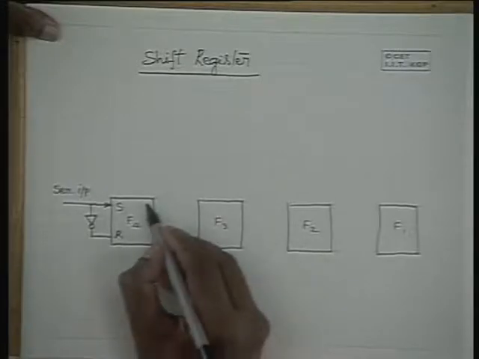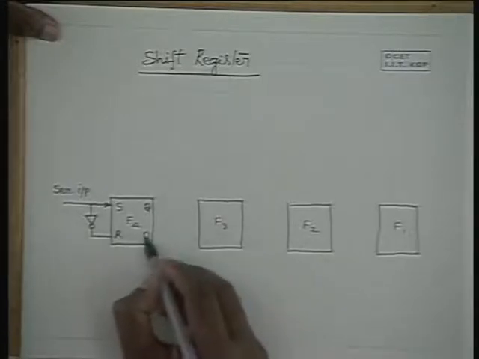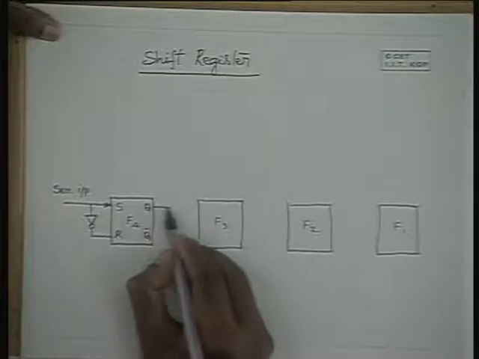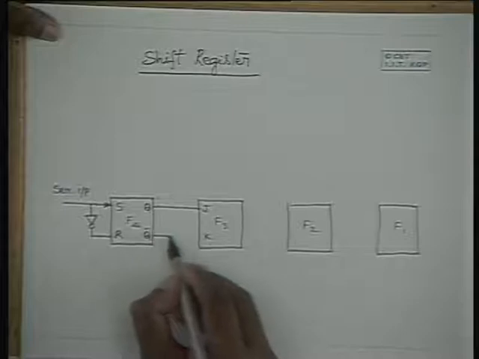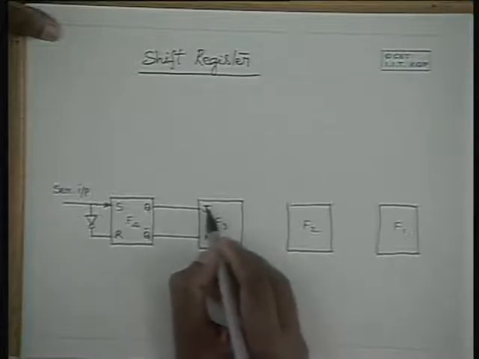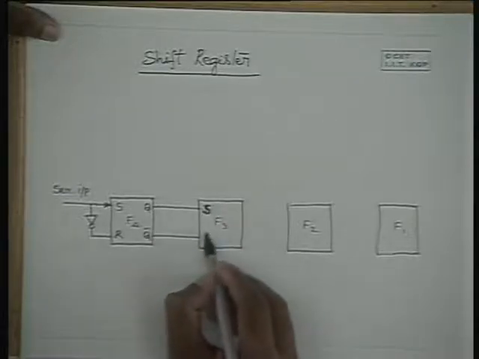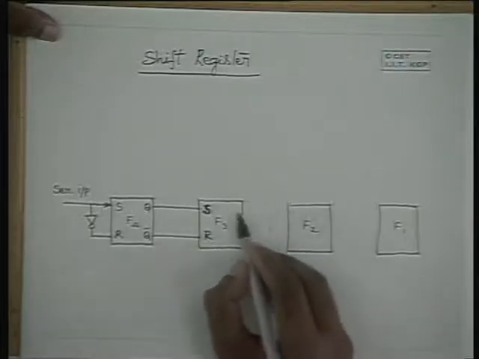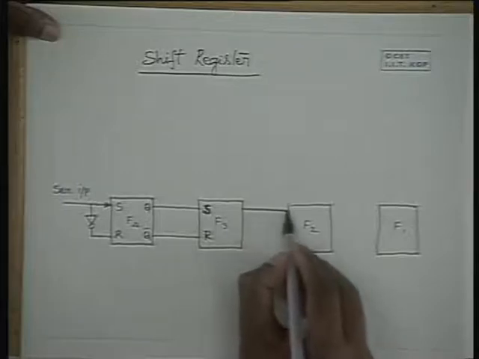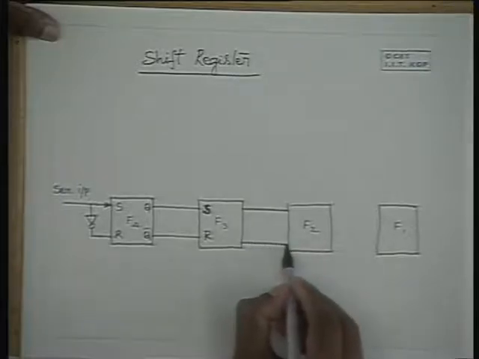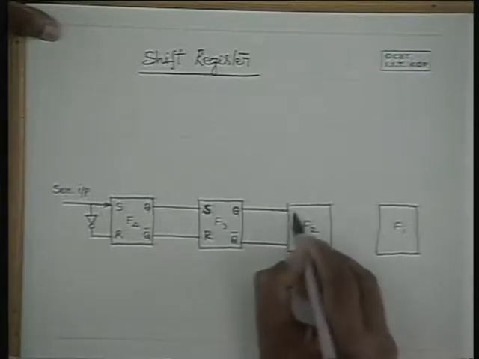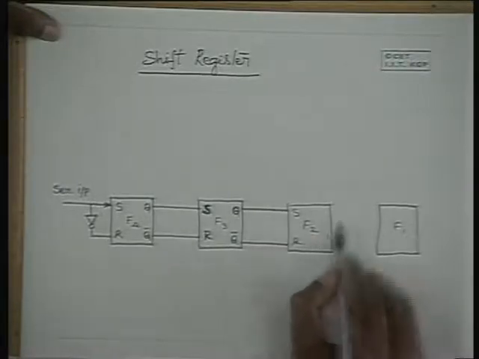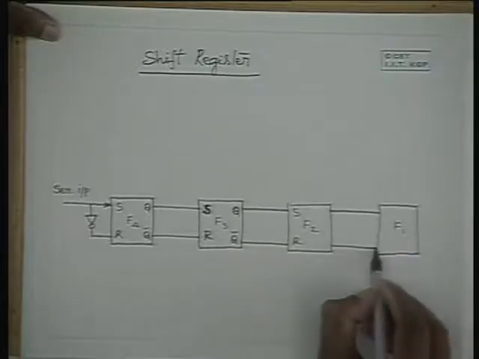Then the Q and Q bar outputs are directly connected to the J and K inputs respectively if it is a JK flip-flop, or the S and R inputs if it is an SR flip-flop. Similarly, the Q and Q bar of the next flip-flop are also connected to the subsequent inputs of the subsequent flip-flops.